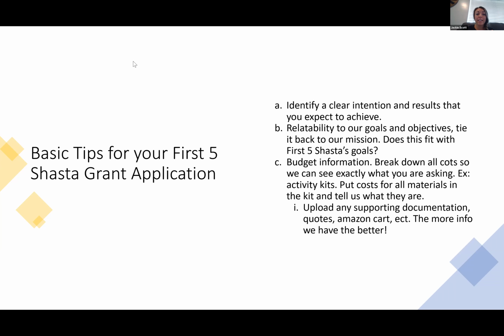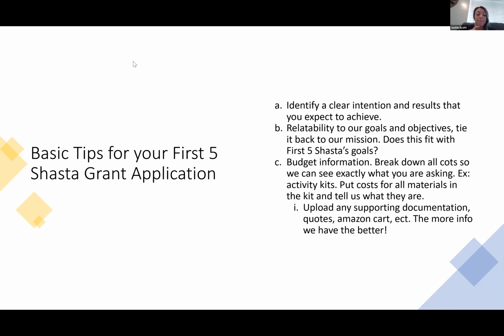Some of the simple things I just wanted to lay the foundation with, and simple tips, is budget information. Break down all the costs so we can see exactly what you're asking for. So if you're applying for a Good Neighbor grant, and you want to create some activity bags for children and families to take home and do together, you'll need to spell out exactly what is in those activity bags.